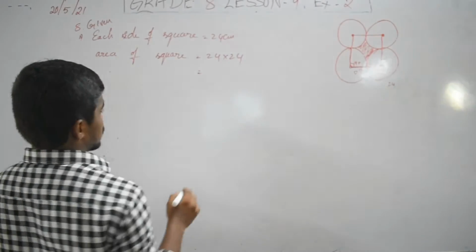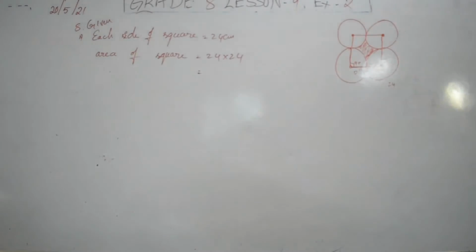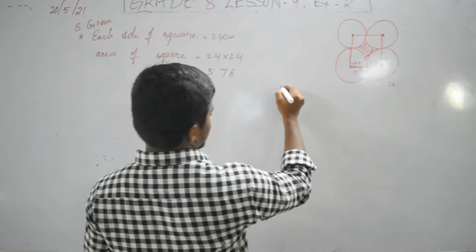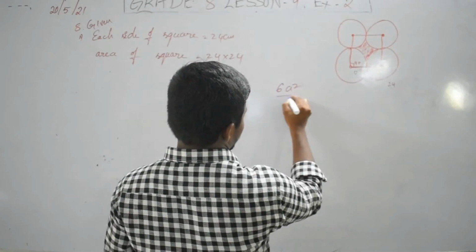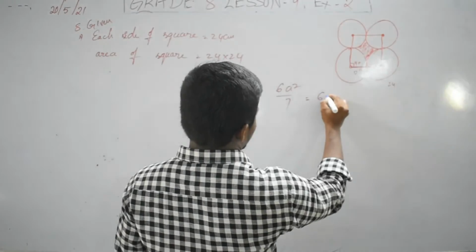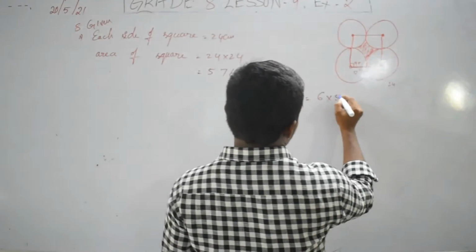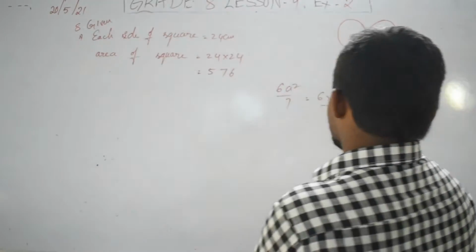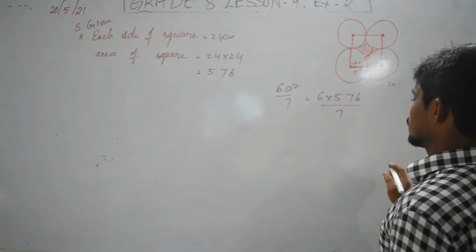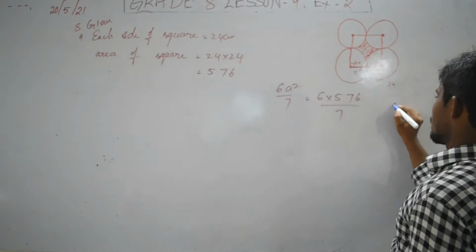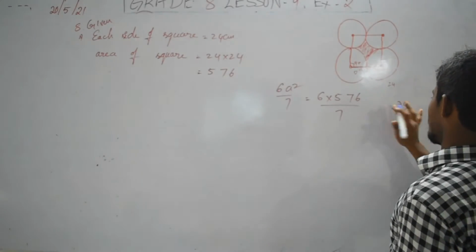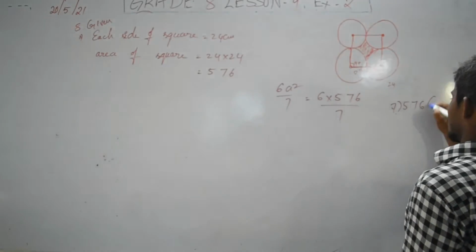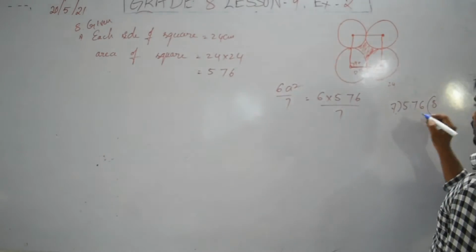How much? 576. Our final answer is 6a square by 7. So 6 times 576 by 7, division.